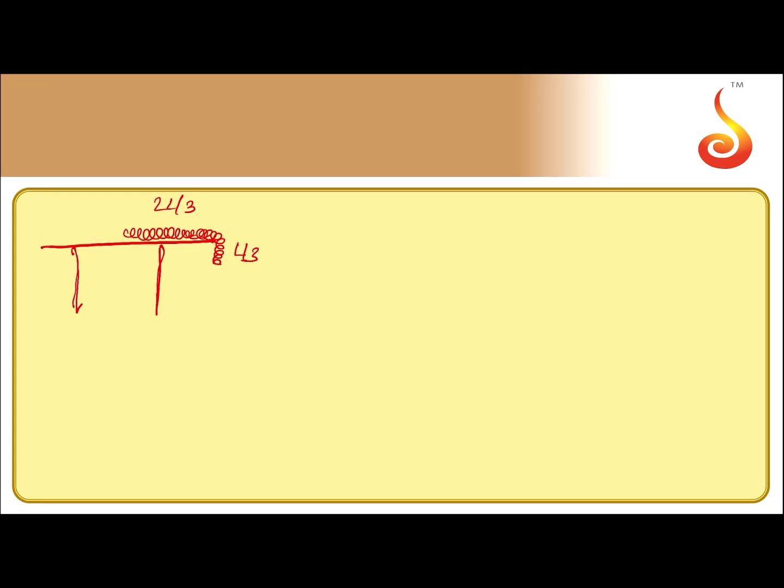Work required to pull the hanging part onto the table. Now I'll take this as the reference level. The work required is equal to change in the potential energy, final potential energy minus initial potential energy. This is the initial level for which potential energy is 0.